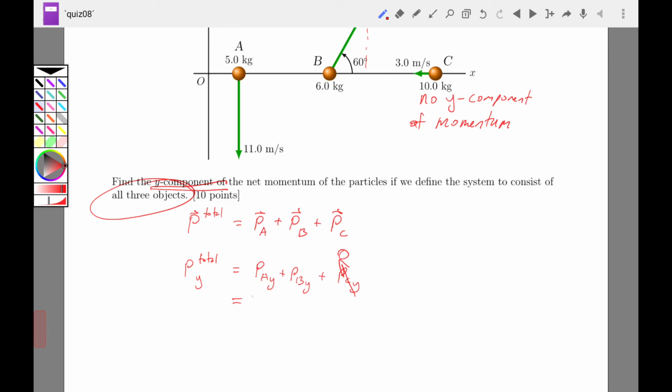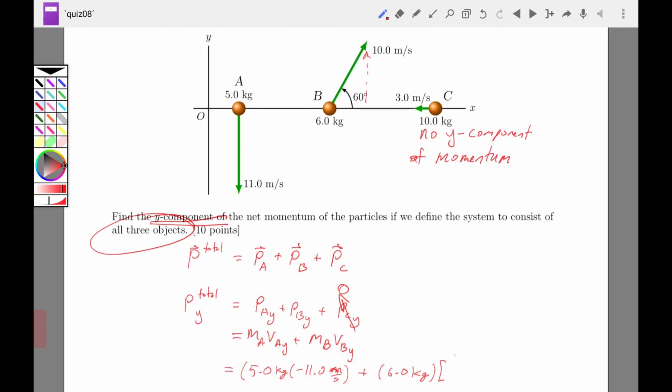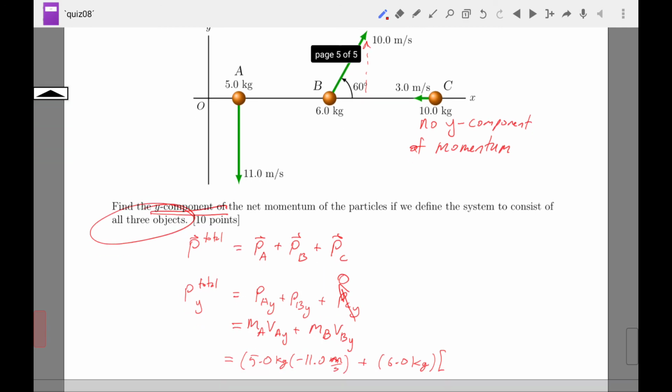So what is that? MA VAY plus MB VBY: 5 kilograms times negative 11.0 meters per second plus 6.0 kilograms times 10 meters per second times sine of 60.